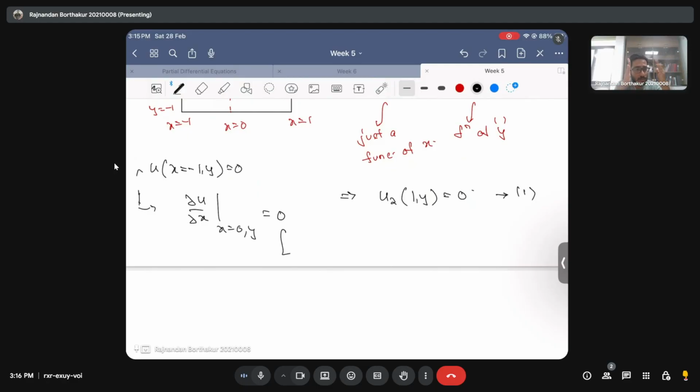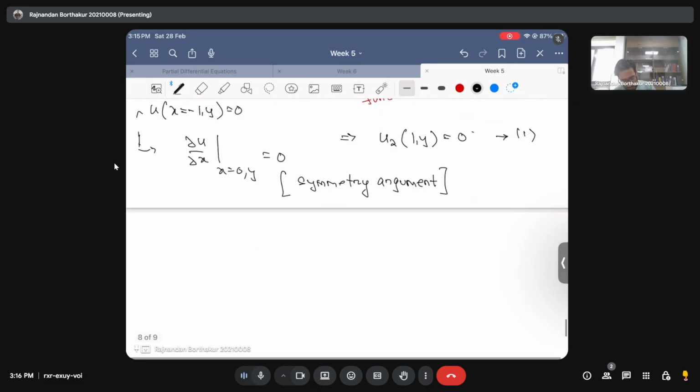My profile then has to be symmetric at the midplane. That's what I'm trying to say. So this is the symmetry argument that we can infer.